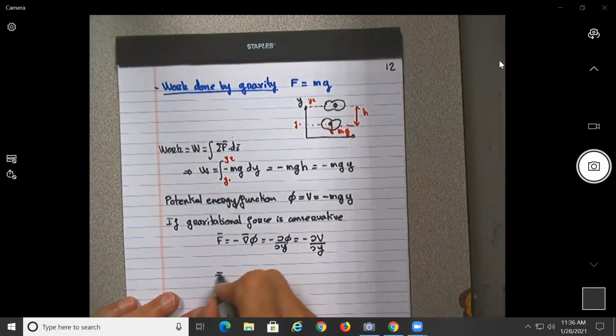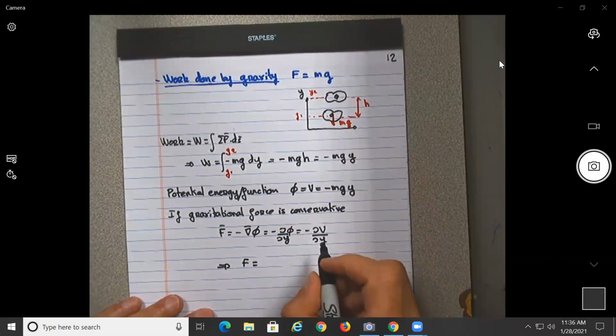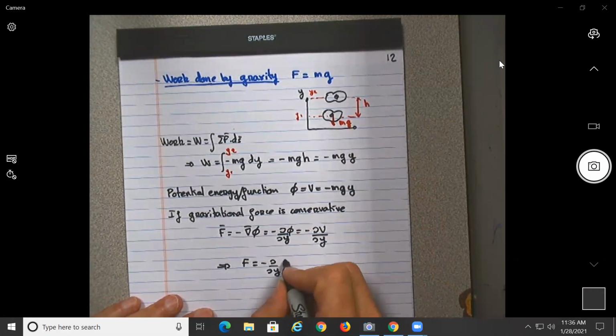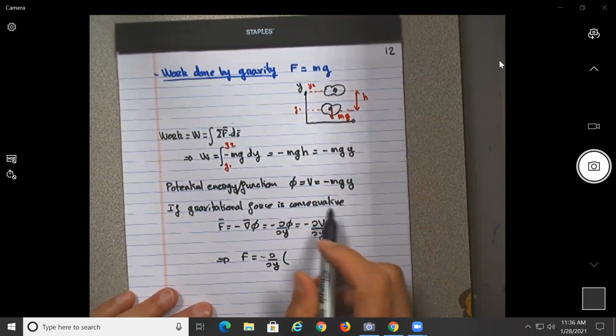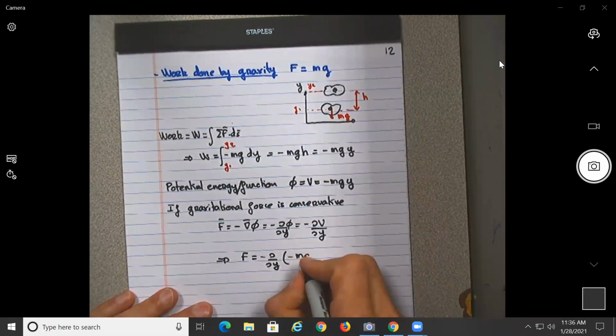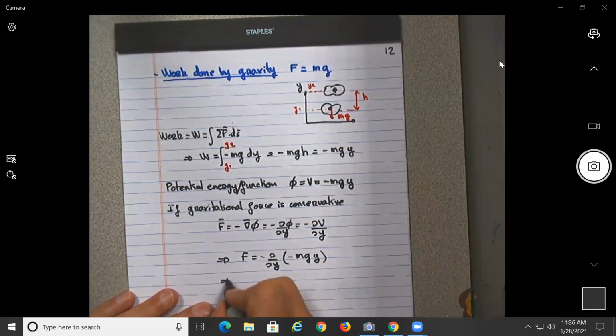And this will give you what? F to be equal to minus partial Y. What is the value of the potential energy function we use? Minus mgy, which is going to give you what?